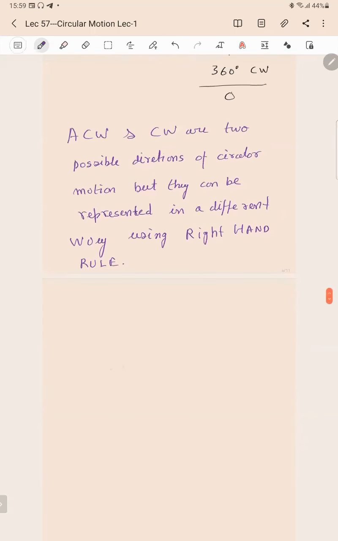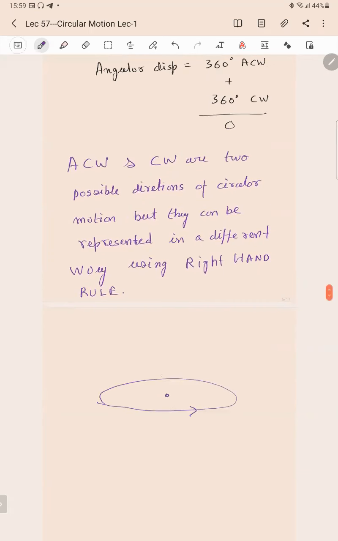Suppose a body is performing circular motion like this, about this center. It is going like this. Now, if you look from the top, you will say that this direction is basically anti-clockwise, right? Yes. Now, if I want to define it in another way, I should take my right hand, curl my fingers along the circle, and the thumb will point out the direction on the top side.